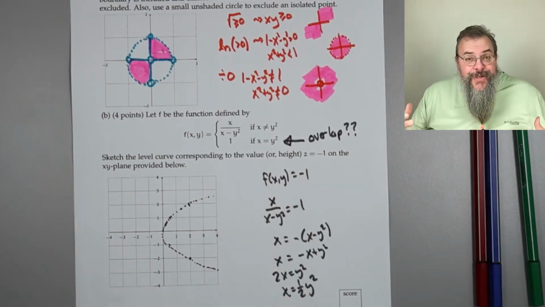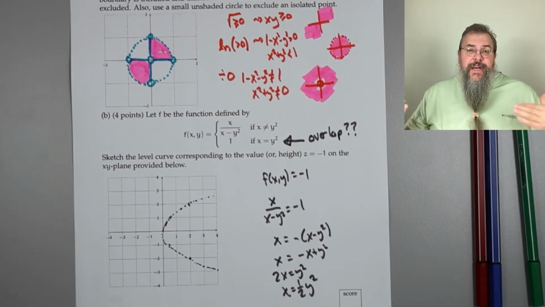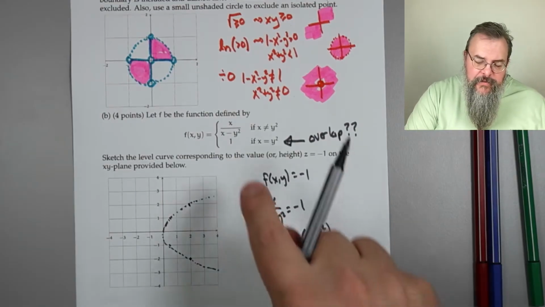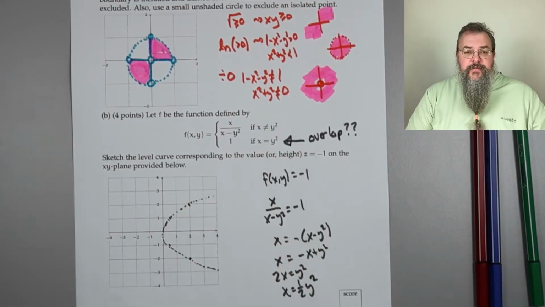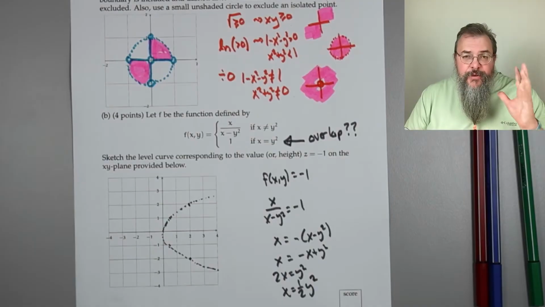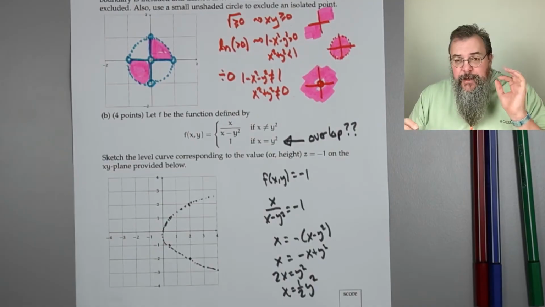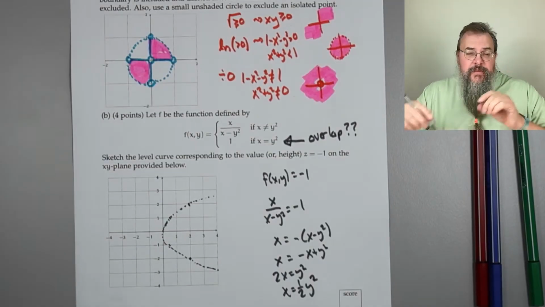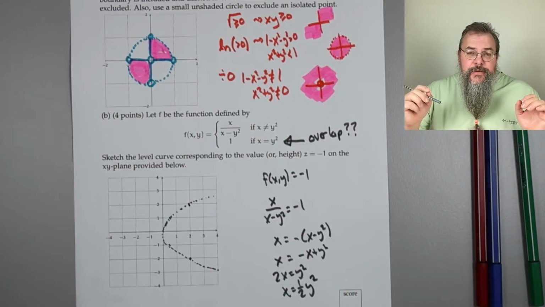Because if we do, wherever we overlap x equals y squared, well, that would correspond to where the value of the function is 1 and not -1. So we want to kind of make sure we avoid that. And if we do hit anything, we have to say, well, that point is not in our level curve.